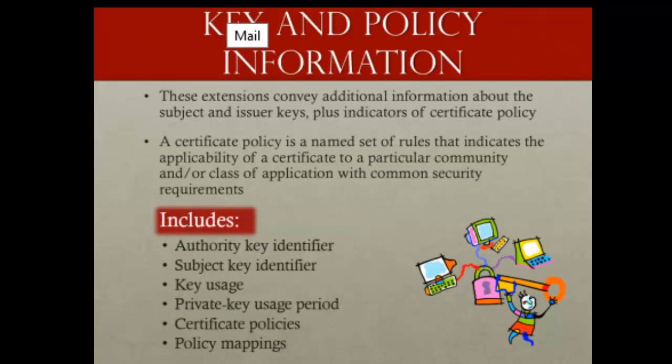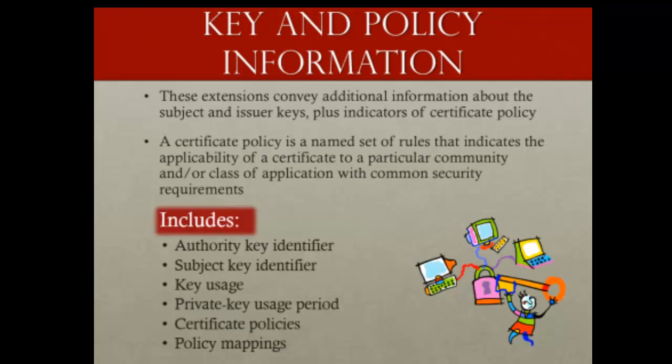This area includes the following: Authority Key Identifier identifies the public key to be used to verify the signature on this certificate or CRL. It enables distinct keys of the same CA to be differentiated. One use of this field is to handle CA key pair updating.